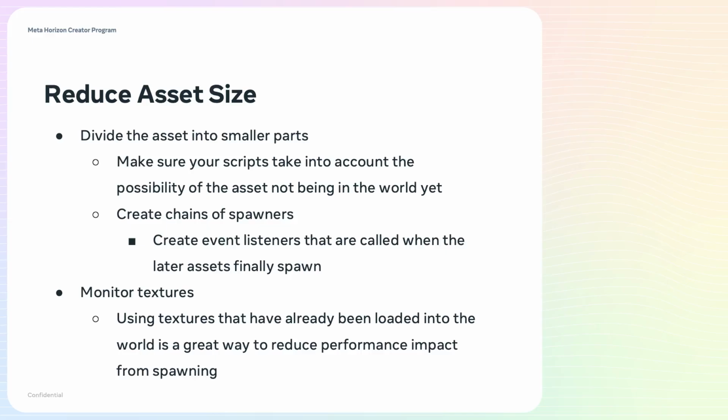Another aspect of splitting up your asset is monitoring the textures. I've said that using textures that have already been loaded into the world is a great way to reduce performance impact from spawning. So if you have an atlas of textures in your world, let's say a tropical island, and you have coconuts that spawn in after the fact.